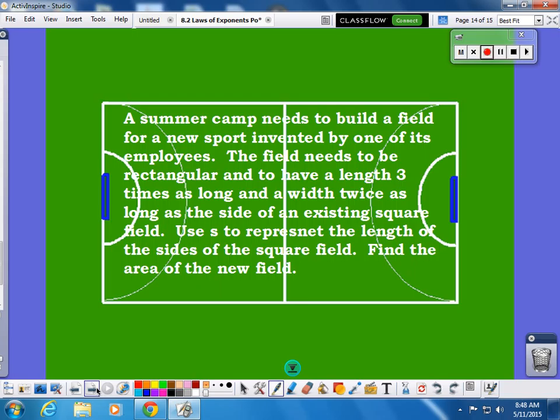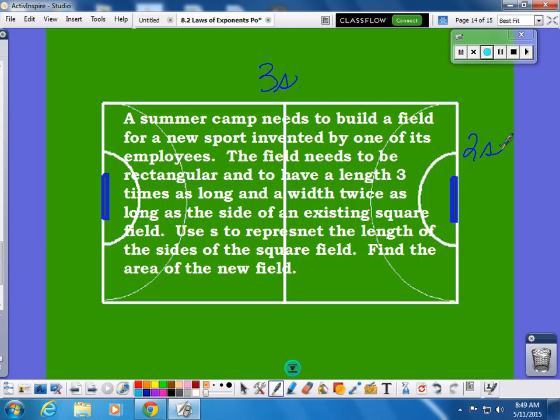The field needs to be rectangular and to have a length 3 times as long and width twice as long as the existing square field. Use S to represent the sides of the square field. So they're going to take a square field, make it into a rectangular field, and it says that the length needs to be 3 times and the width needs to be 2 times.